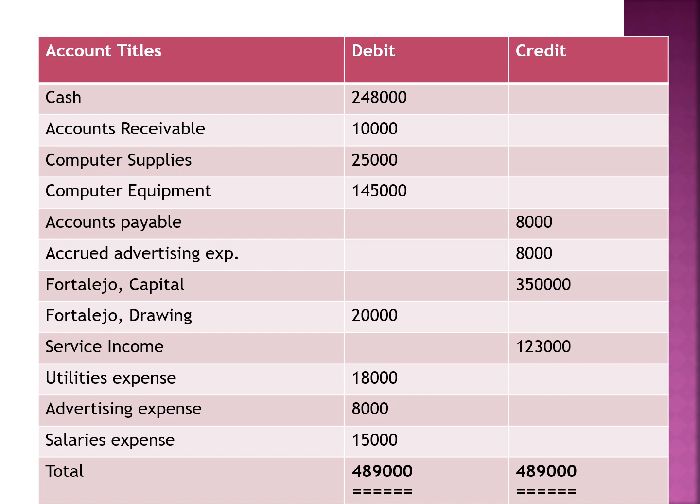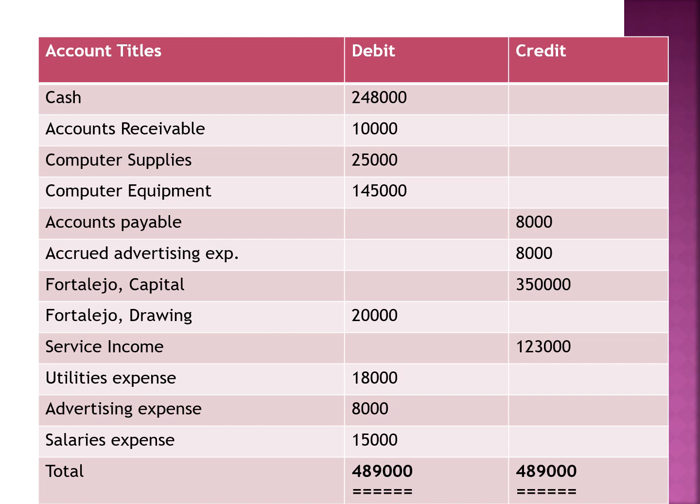So the enumeration of your account titles in the trial balance should be arranged in accordance with your assets. So current assets, non-current assets. After that, current liabilities, then non-current liabilities.